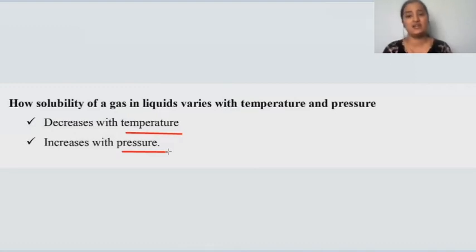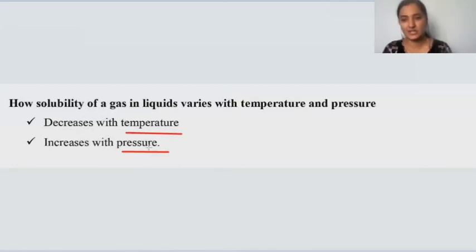If such is the condition, the solubility of a gas is going to increase, because the gaseous particles are not getting converted into the vapor state, as in the case of temperature. They are made to be in the solution itself.